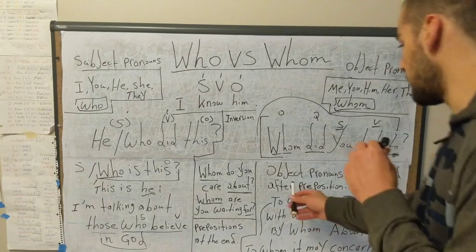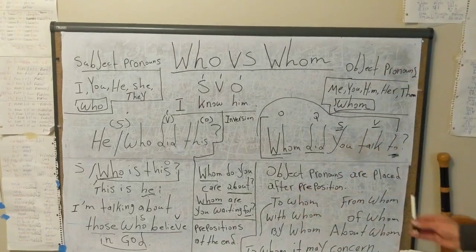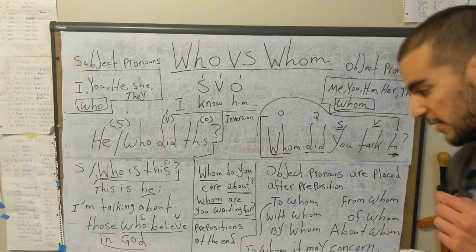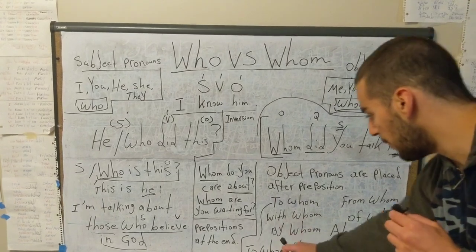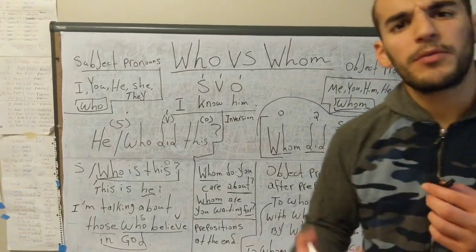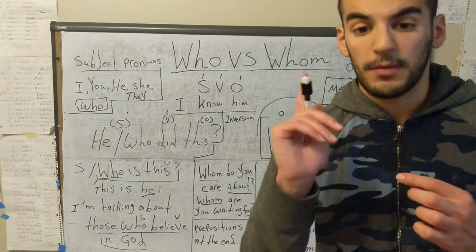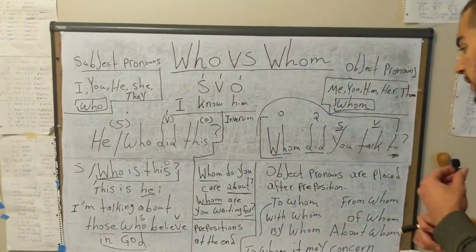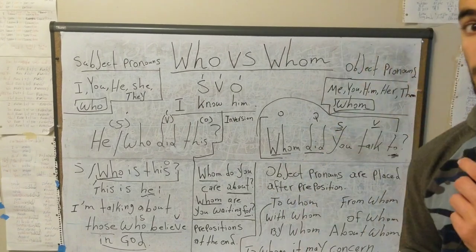Coming down here, object pronouns are placed after prepositions. After you have a preposition such as to, with, by, how do you know whether to put whom or who? This is something I really want to indicate to you guys. It is always whom in this case.